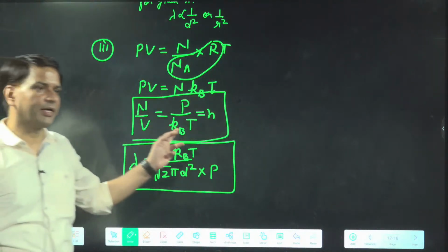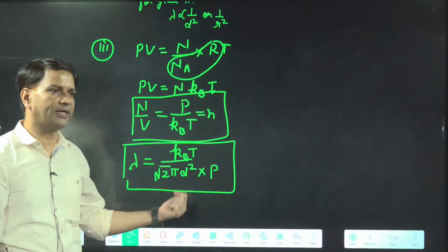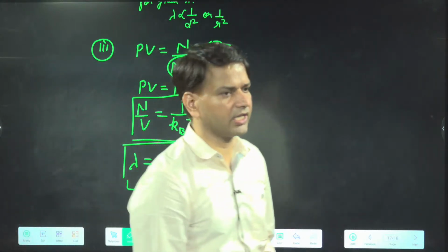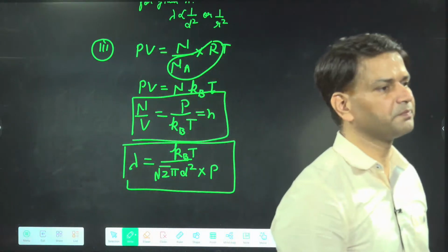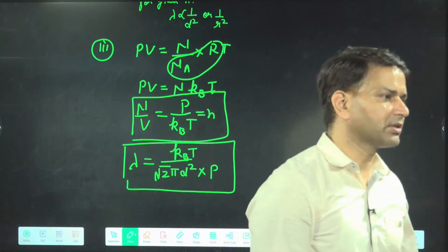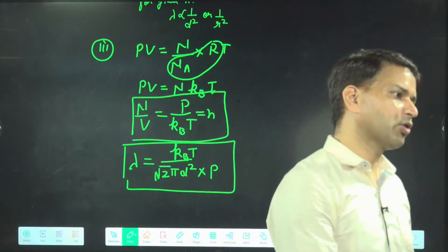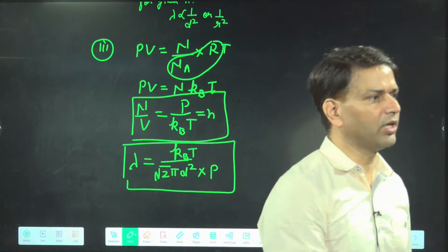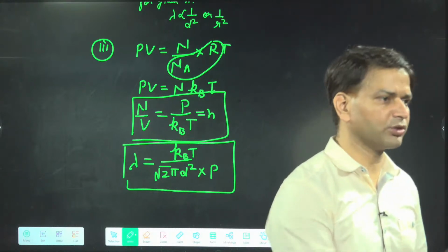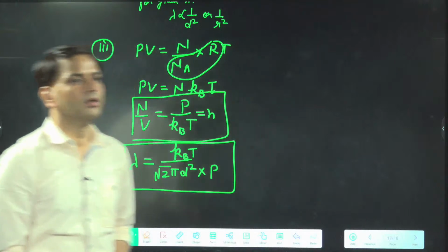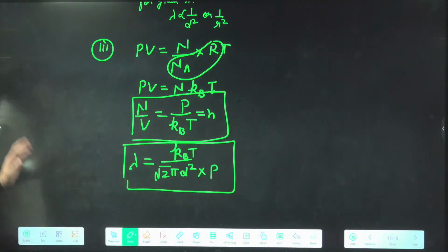Lambda is KB into T upon under root 2 pi d square into P. So just remember that small n we can write as P by KT. At constant temperature for a molecule, lambda is inversely proportional to P. At constant pressure and given molecule, lambda is directly proportional to T. All proportionality you can find from here. Everybody got or not?